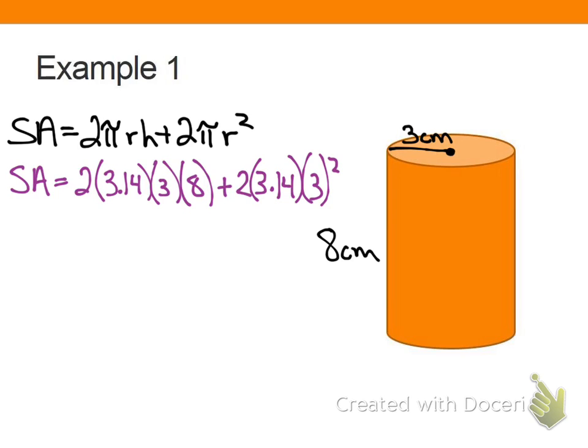Now, one thing we need to pay attention to is this exponent right here. This exponent means I have to follow the order of operations. When I'm evaluating this term, if you put it in your calculator, it will do it for you. But remember, we always evaluate the exponent before we multiply by the other terms.